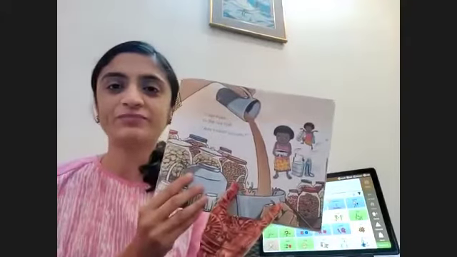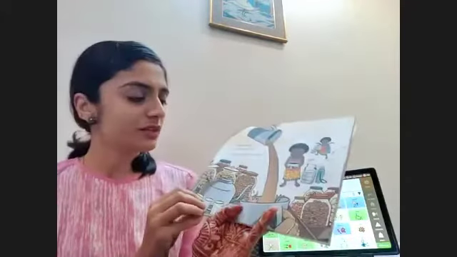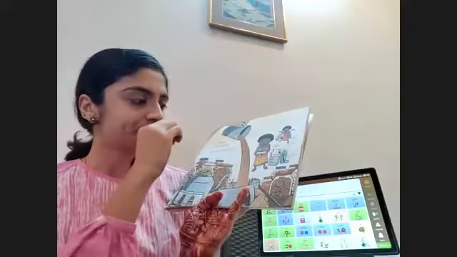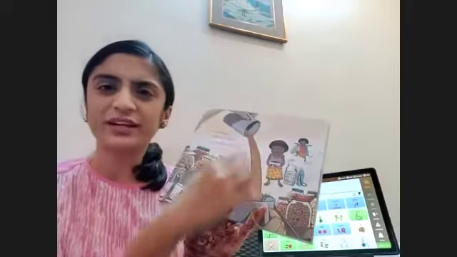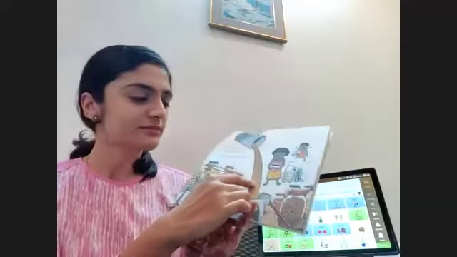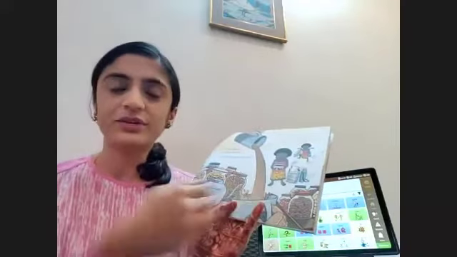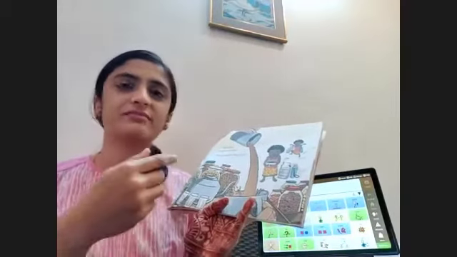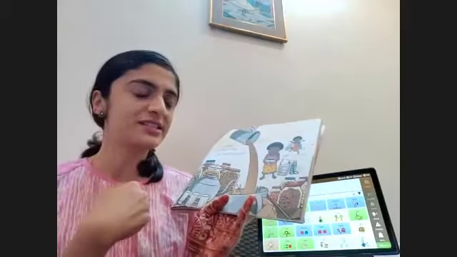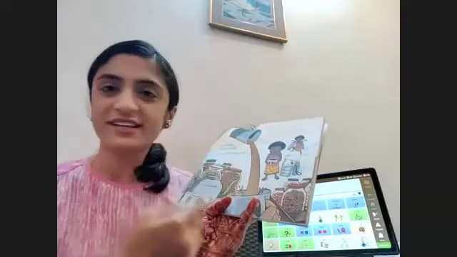Yeah. So even for this picture, you can ask the child if the child knows what this is. And then if the child says no, then you can encourage them to ask you. You can say, ask me. You can say, what is this? And then you can give them the answer.